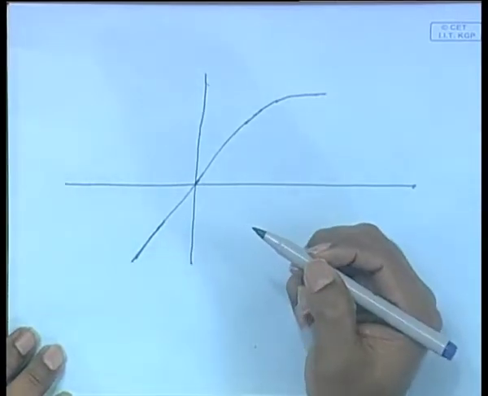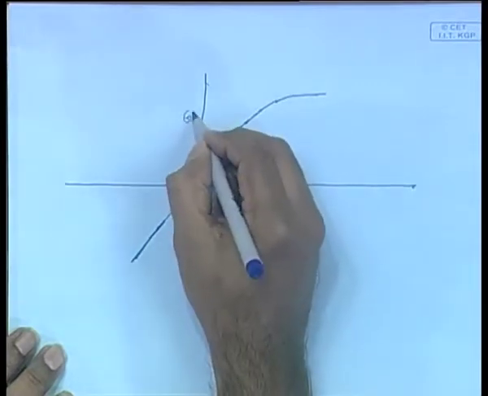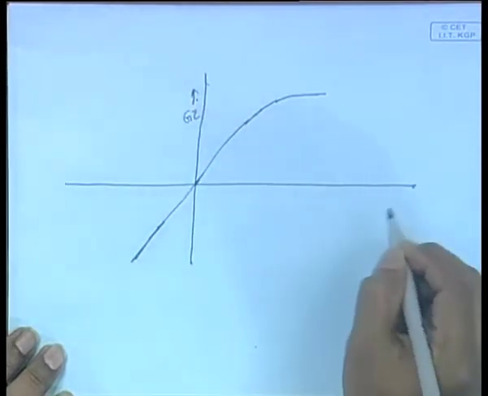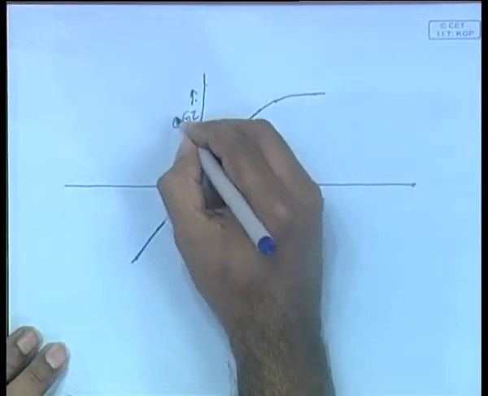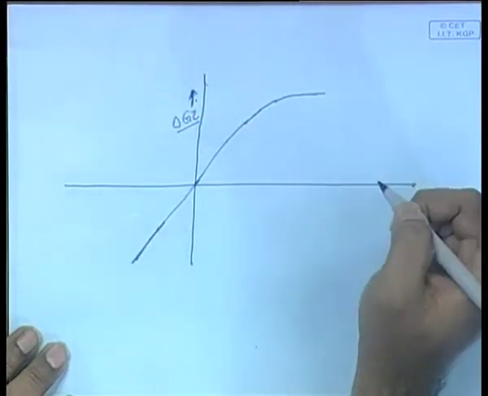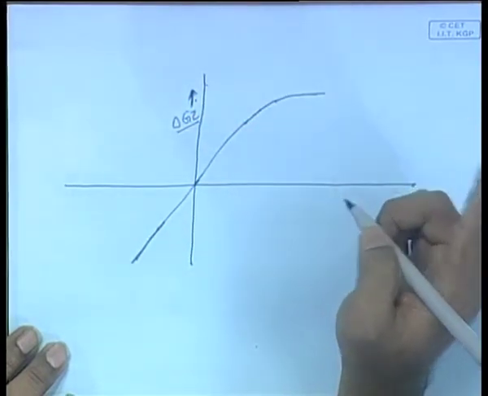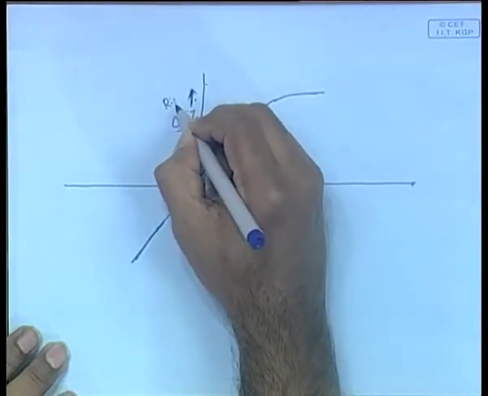It is not the GZ curve, it is delta into GZ, which is your weight of the ship into GZ displaced. So, this is actually showing the righting moment.